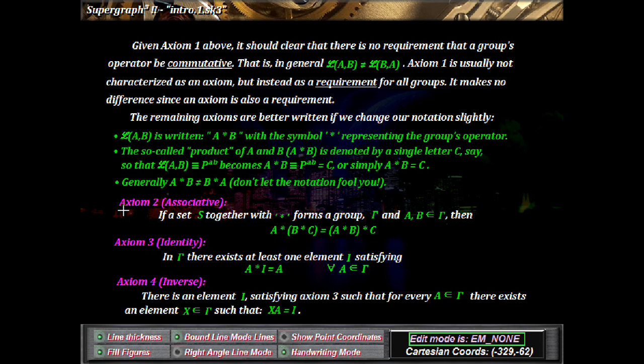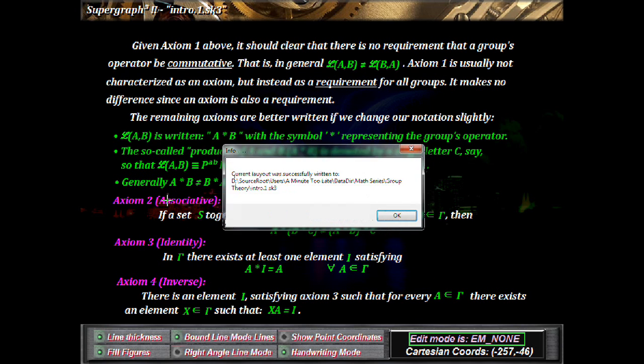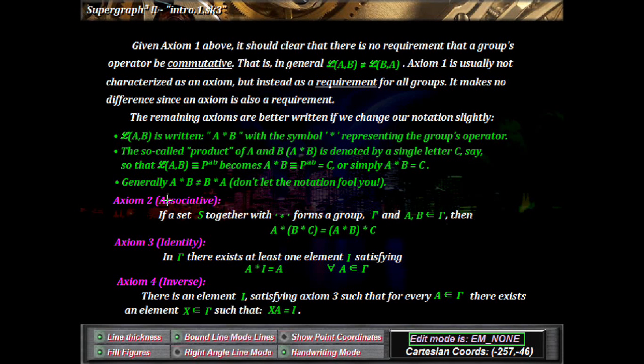The first, as you might guess, the most important axiom of all, and listed first, and should be listed first, because without it all you have is a piece of junk, the associative axiom. Okay, now associativity or associative property is not a given feature either for a set, let's say, of numbers.